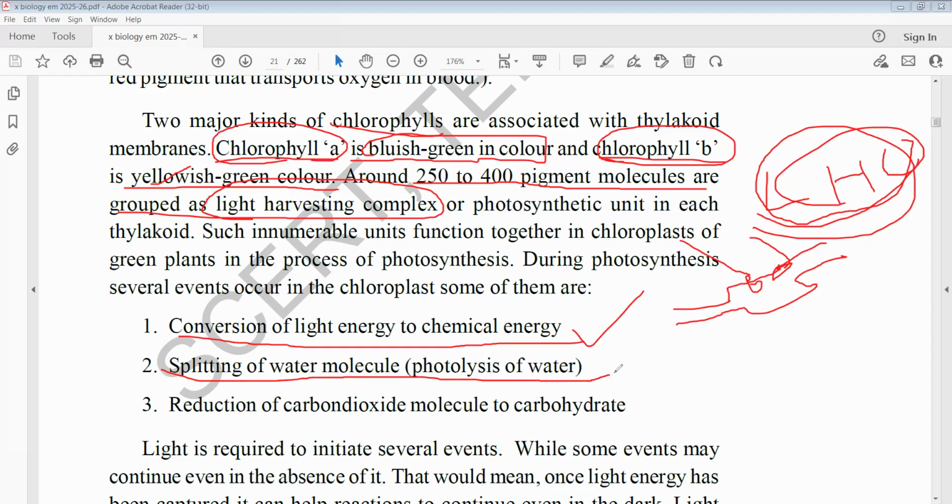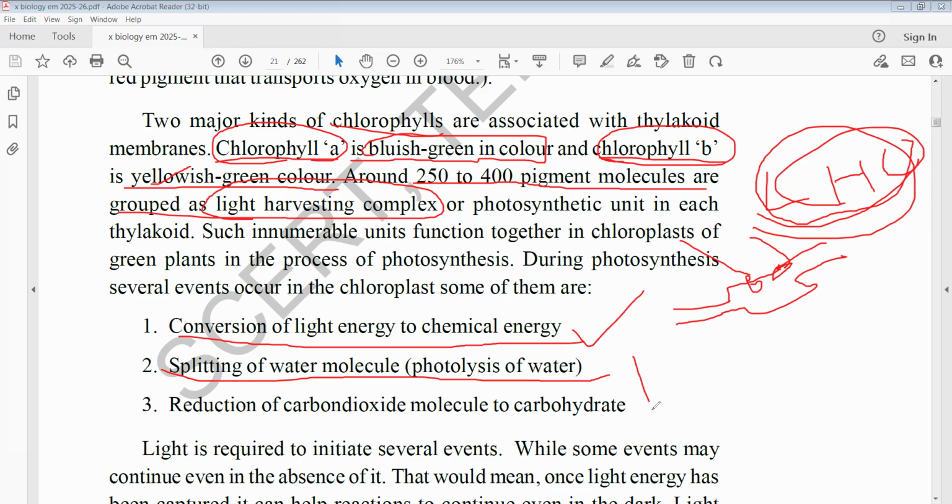When light is received by the chlorophyll pigments, water molecules present near the chlorophyll pigment molecules break down and release protons, electrons, and oxygen.